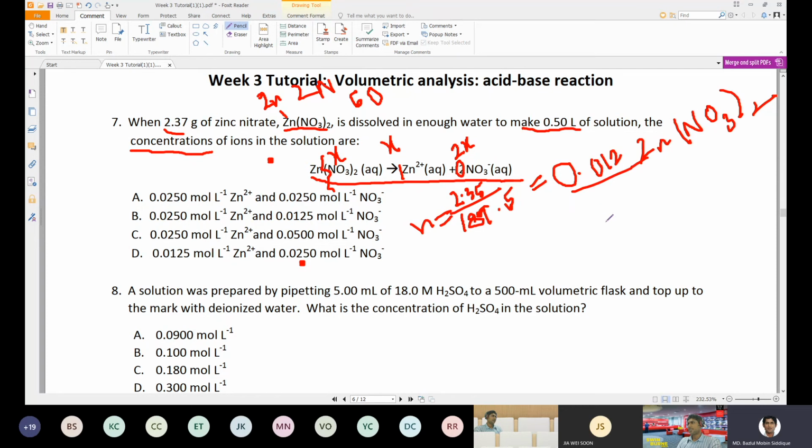Divided by the volume, that is 0.5 liter, and that is how I will have 0.025 molar zinc nitrate solution. And in that solution, I will have exactly that concentration of zinc, but since it is 2, the nitrate ion will be doubled. Okay.